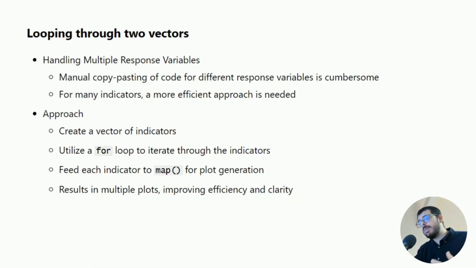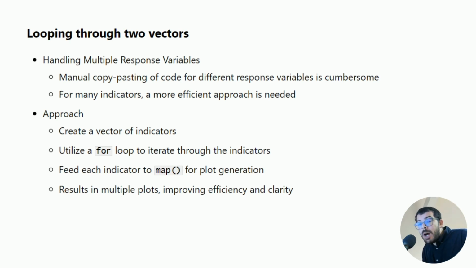Now, maybe you have different priorities and you would like, for example, to visualize multiple response variables, those indicators, all of them according to all of the districts, for example.